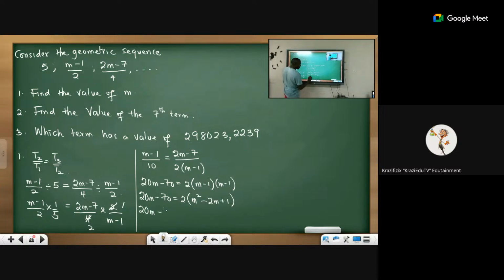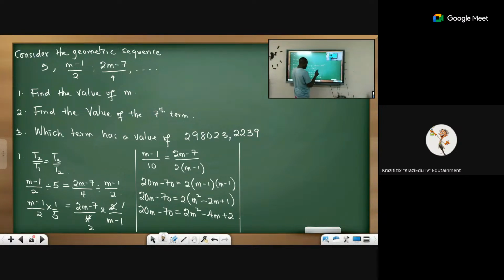20m minus 70. Am I right? Are we fine? What does this give us? 2m squared minus 4m. You see, we start doubting ourselves sometimes once you are working. So this is going to give us a quadratic, right?